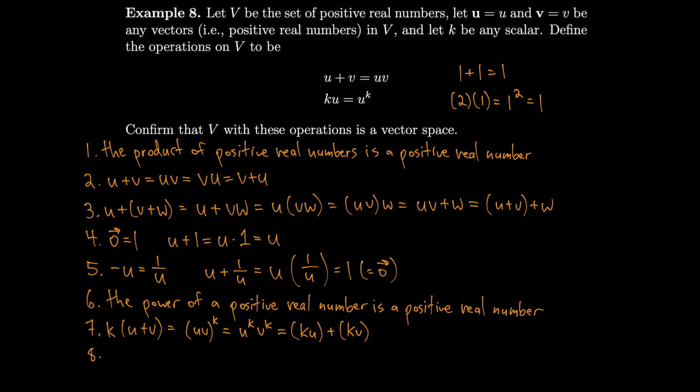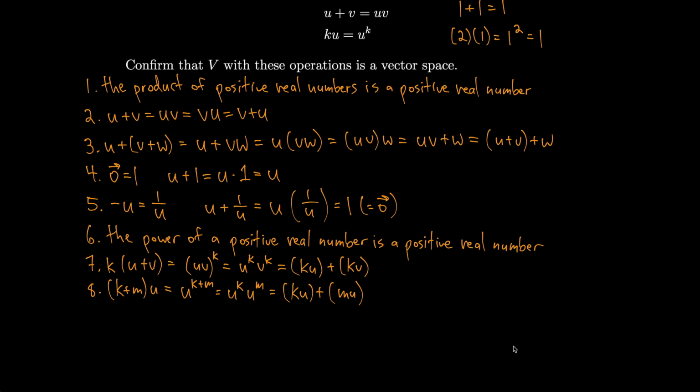For number 8, let's look at k plus m times u. That's u to the k plus m, which is u to the k times u to the m by properties of exponents, which is ku plus mu.